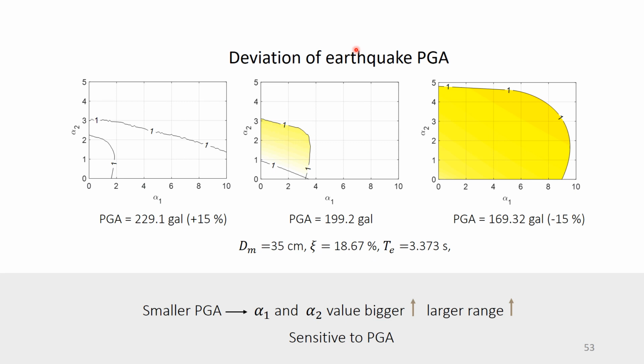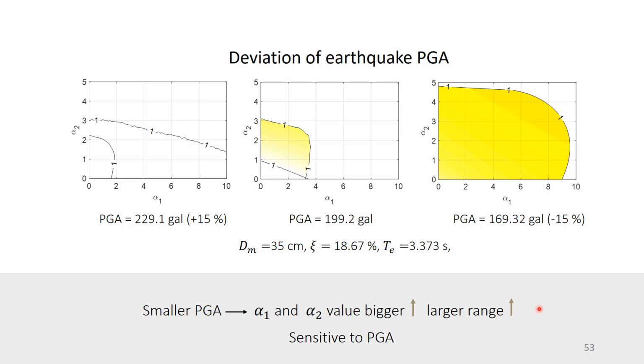The last part will be the deviation of the earthquake PGA. This is the original structure's earthquake PGA. We increase it by 15% and decrease it by 15%. We can see from the results that for a smaller PGA, it means the earthquake is smaller, so the alpha 1 and alpha 2 values can be bigger, and it has a larger range.